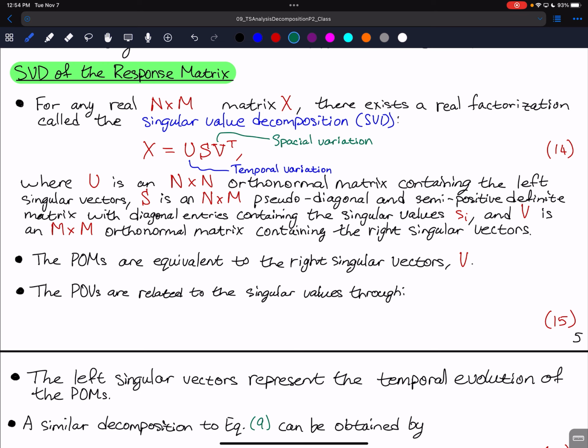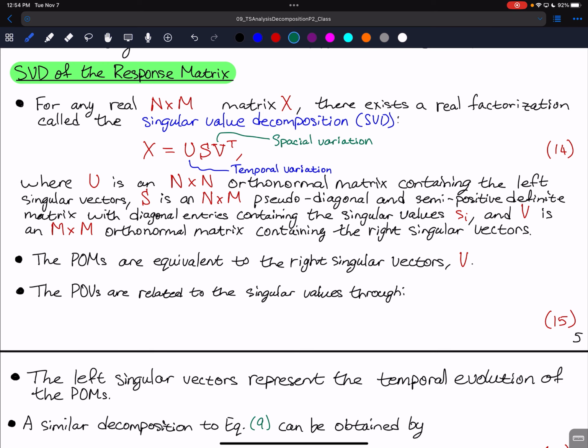Okay, so here U is an n by n matrix. If you recall, big N is the number of points in time, that is the number of sampling points. Big M is the number of degrees of freedom, or the number of sensors that you have in your data set. So big U is an n by n orthonormal matrix, and it contains what are known as the left singular vectors. Big S is an n by m pseudo-diagonal matrix.